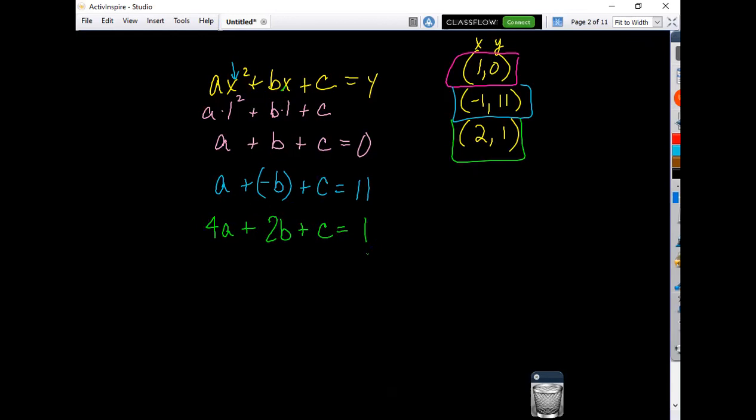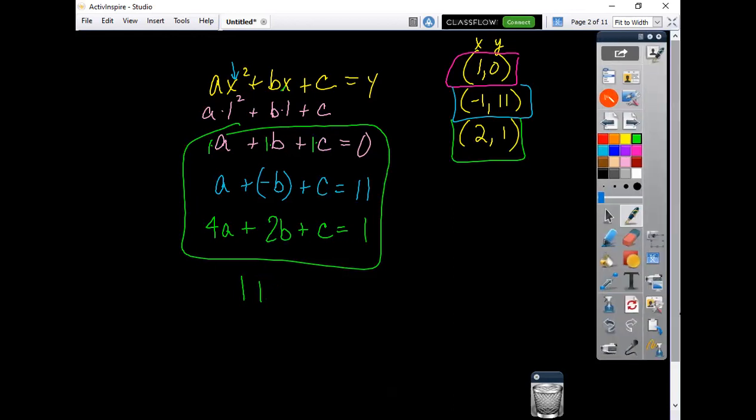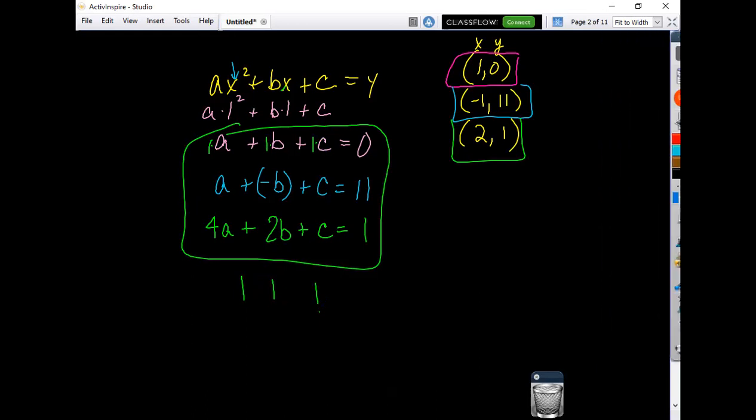All right, now this next part is probably where it's going to seem like magic to you, but it uses matrices. Hopefully you've done a little bit. If you haven't, that's okay. We're going to use these 3 equations, and you pull off the coefficients of all these. So in the first row, I have 1, 1, and 1. The second row, I have 1, -1, and 1.